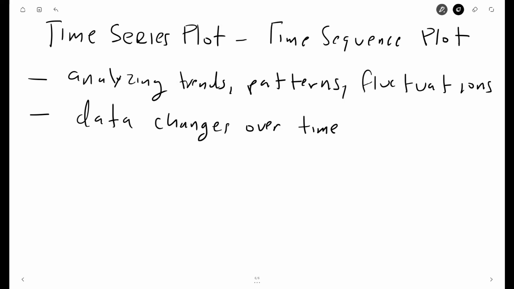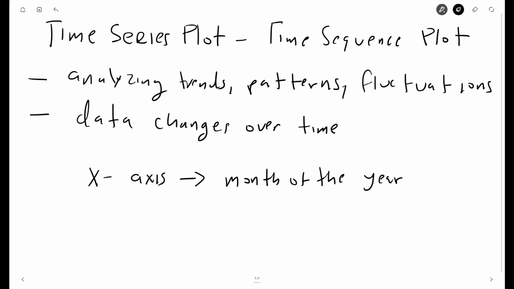Let me give you one example of a time series plot. Imagine you're analyzing the monthly average temperature of a city over a year. In this time series plot, the x-axis represents the month of the year, and the y-axis represents the average temperature in degrees Celsius.